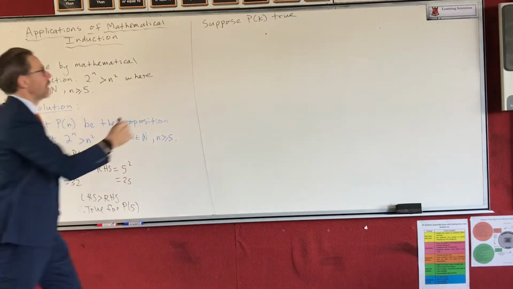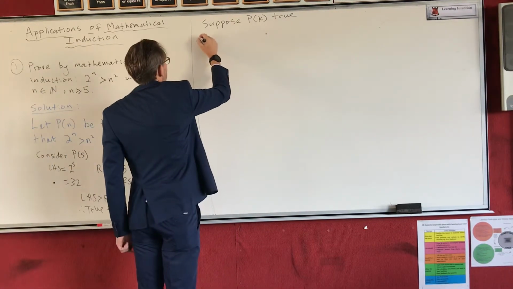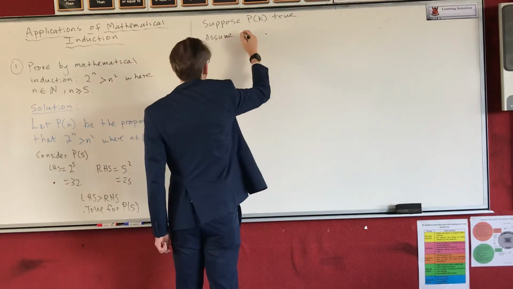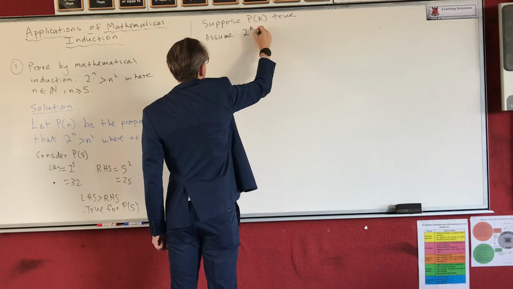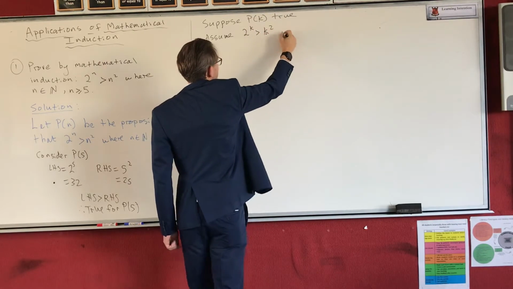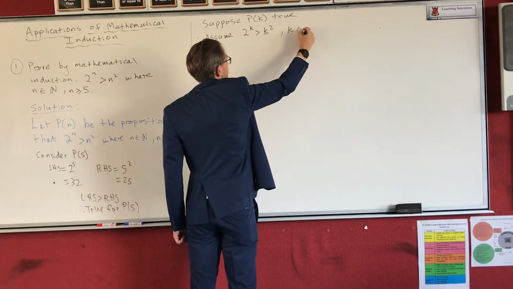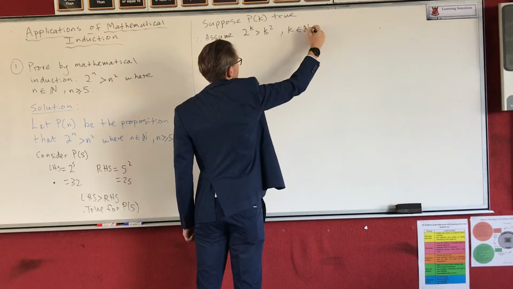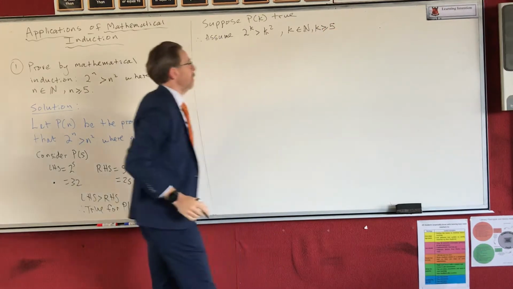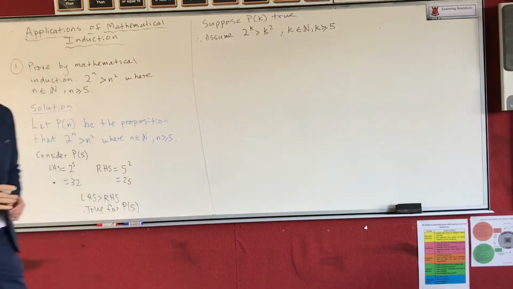Therefore, assume that 2 to the k is bigger than k squared, where k is an element of the natural numbers and k bigger than or equal to 5.